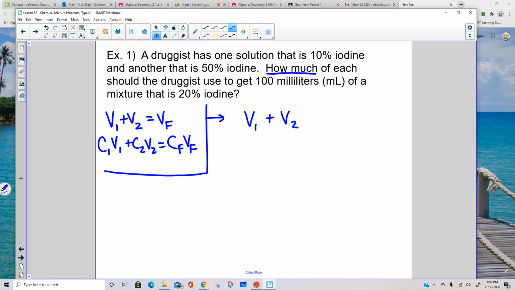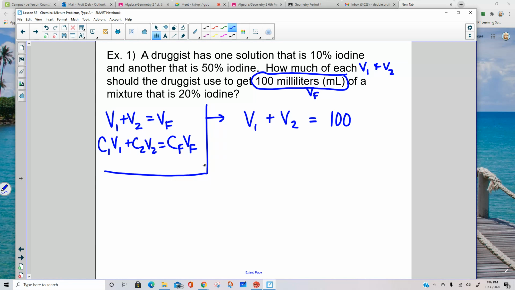That's exactly what we need to solve for. How much of each? So that's what we're solving for, V1 and V2. How much of each should the druggist use to get 100 milliliters of a mixture that's 20% iodine? This is what I want to end up with, isn't it? That's my final volume. I want to end up with 100 milliliters.